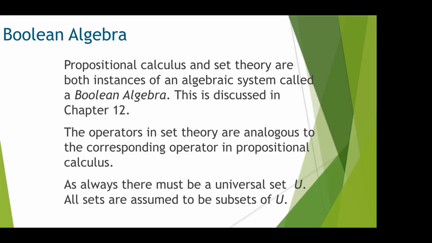The operations will be similar to what we saw in propositional calculus. Typically, the operations in propositional calculus and Boolean algebra are very similar. In the context of sets, some rules are similar, like De Morgan's laws and set identities. Those might be the same.